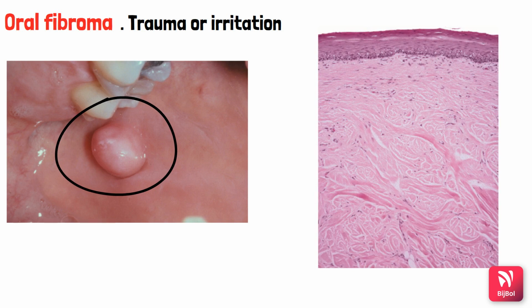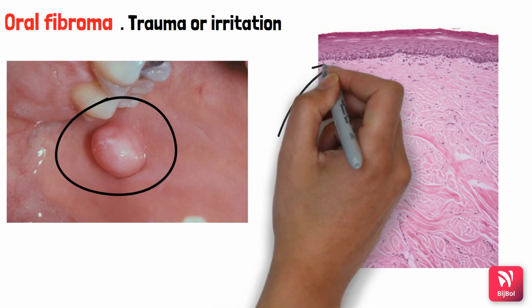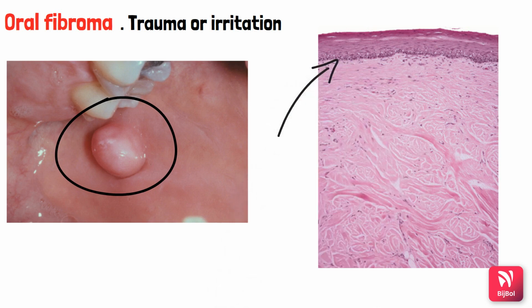So how does it appear histopathologically? As you can see in this histopathological picture, there is a superficial epithelium and underlying connective tissue. In the superficial epithelium, as always you would see rete ridges, right? But here you can see flat rete ridges, that is, the stratified squamous epithelium is stretched out or atrophied.